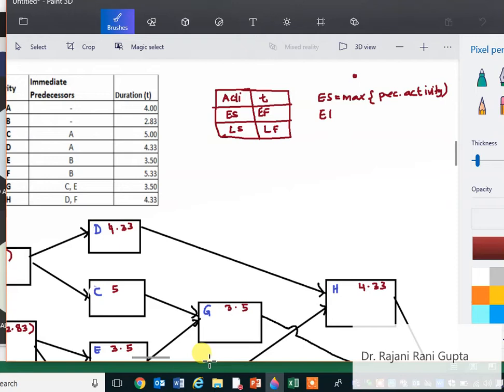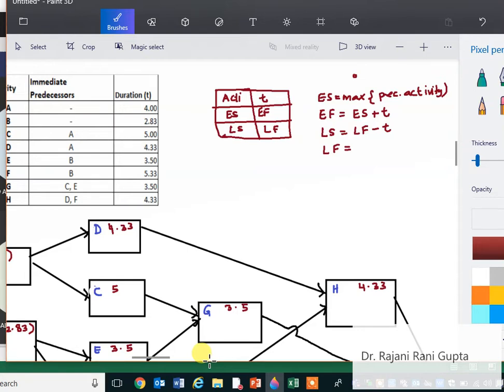Early finish will be early start plus the duration of the activity. Late start will be late finish minus the duration. And late finish is the maximum time, or you can say the total duration.